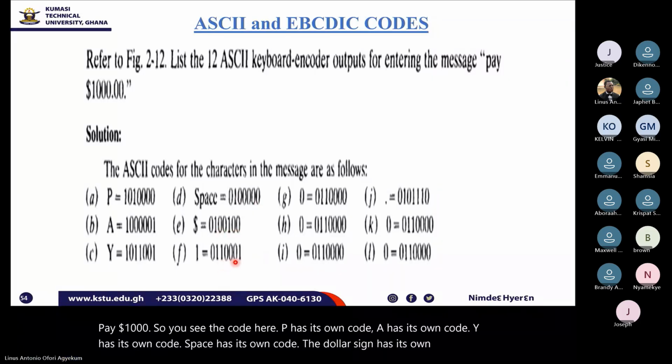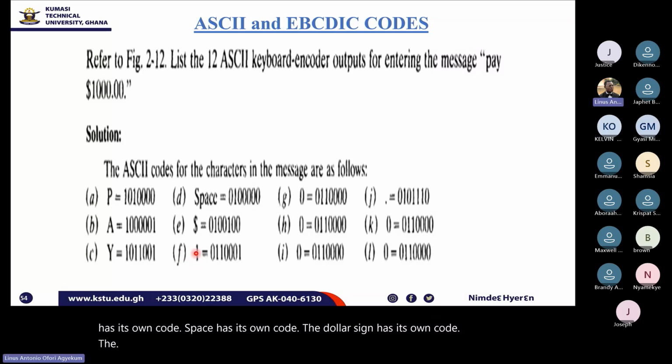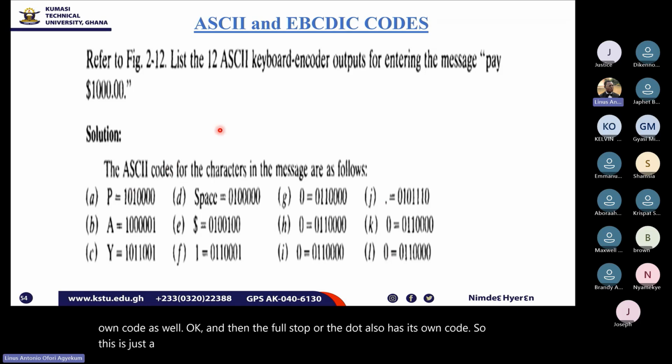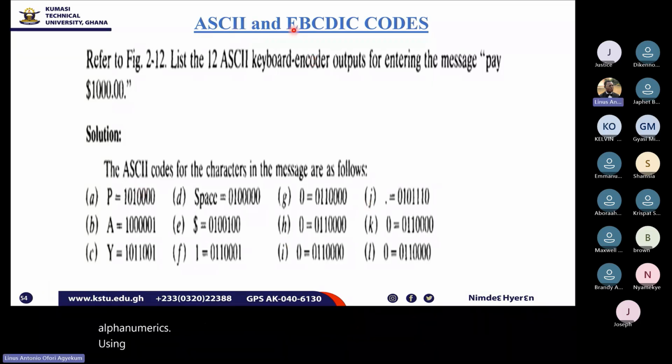The number 1, which is the decimal 1, has its own code. The decimal 0 has its own code as well. Okay. And then the full stop or the dot also has its own code. So this is basically an illustration of how you can represent alphanumerics using the ASCII or the EBCDIC code. Okay. So basically this brings us to the end of Unit 1.